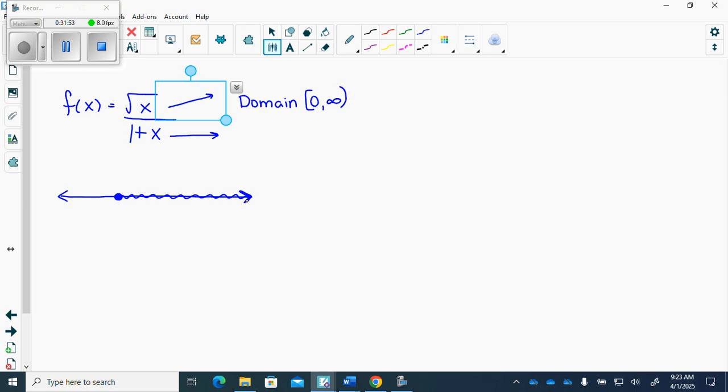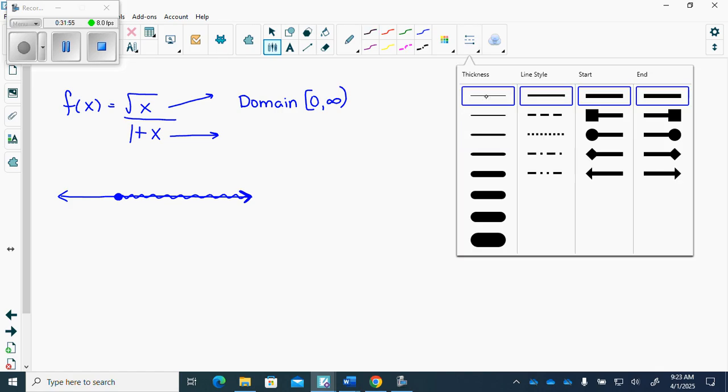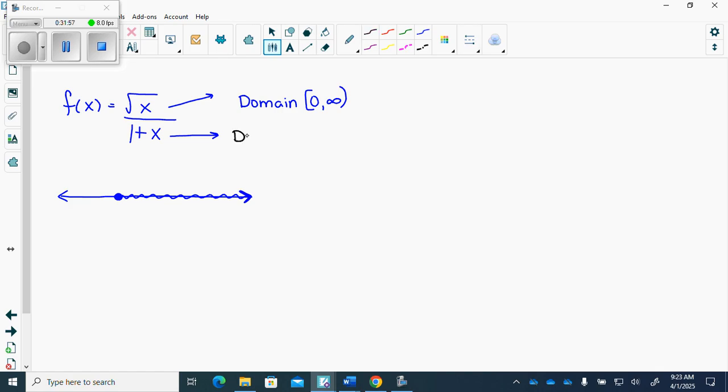Now the other one, in black. What's the domain of this one? It's a line, so it's negative infinity to positive infinity, but x can't equal negative 1. Because we have an asymptote.